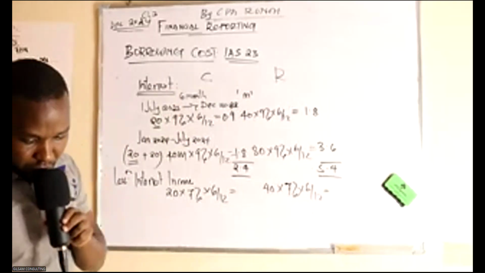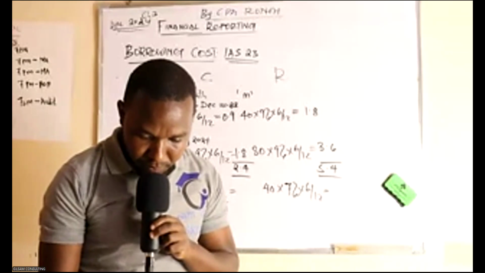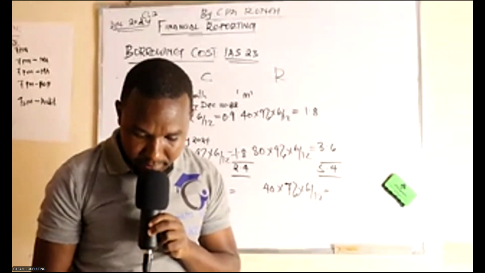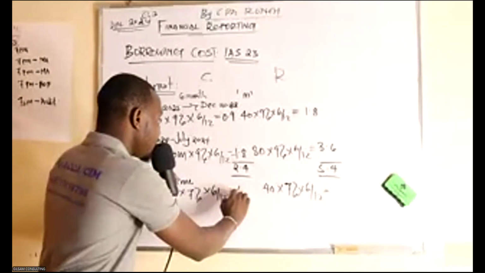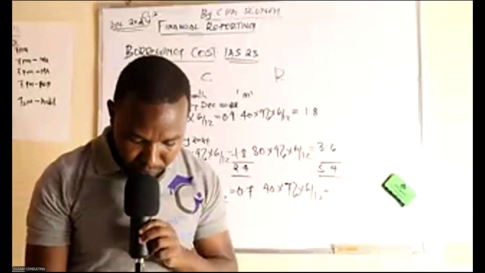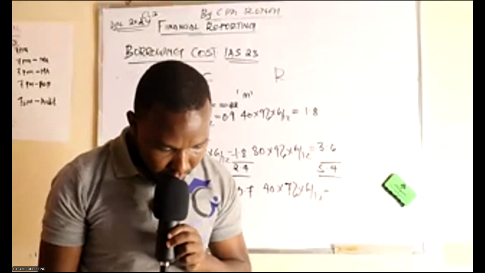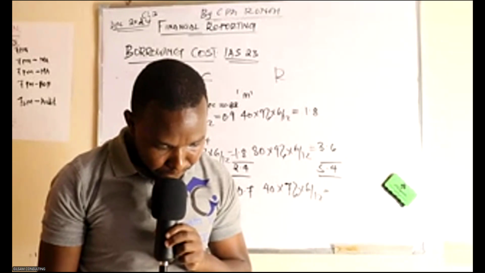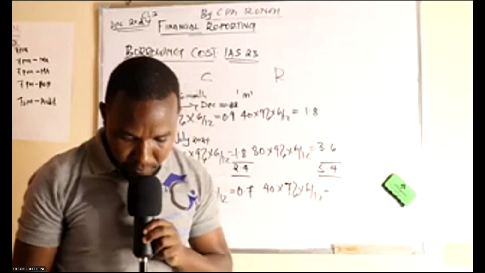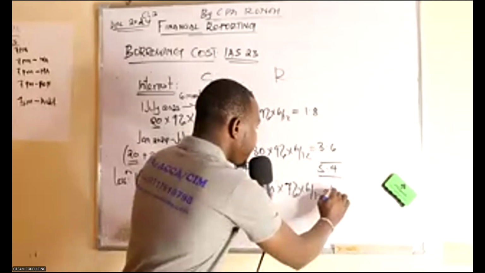So 20 times 0.07 times 6, we divide by 12, we are getting 0.7, and the other one is 40 times 0.07 times 6, we divide by 12, we are getting 1.4.